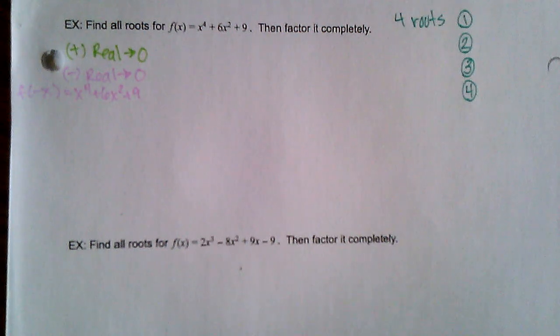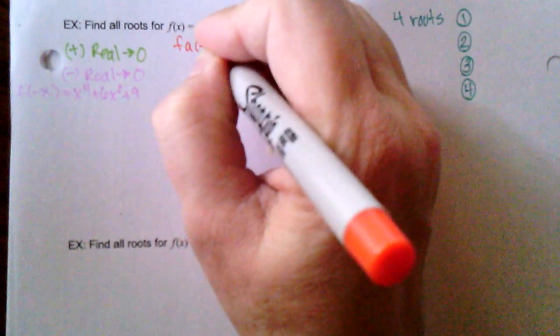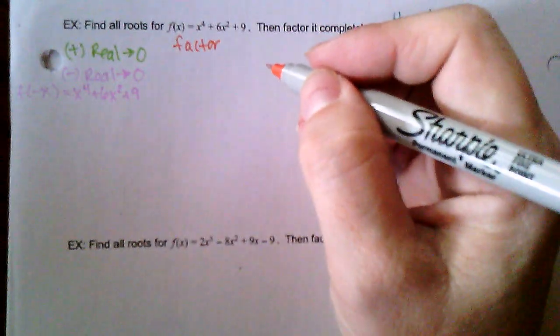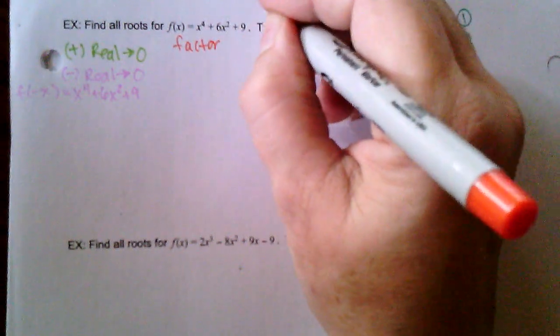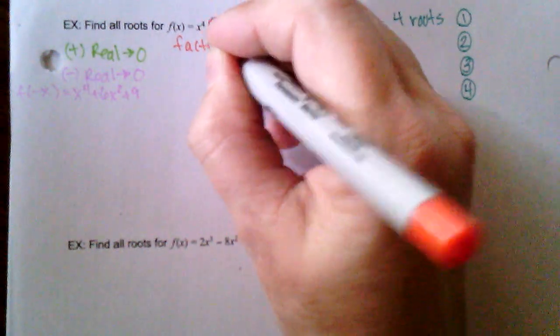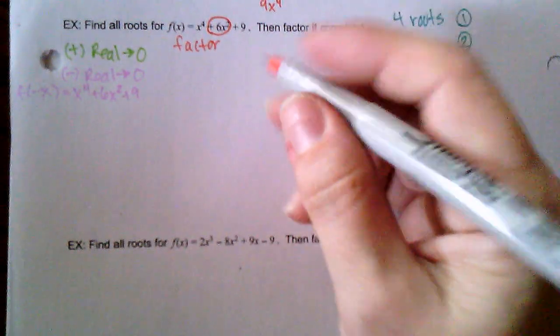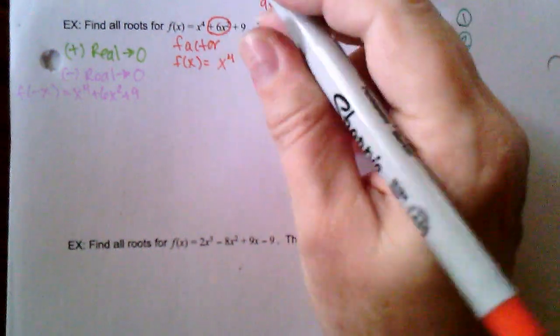So when that happens, remember we have to kind of change our strategy, and we're going to factor. So we need the combination that would multiply to give me 9x to the 4th, but add to give me 6x squared. So that is going to be, let's see, f of x equals x to the 4th. 3 times 3 would be 9, and 3 plus 3 would be 6.